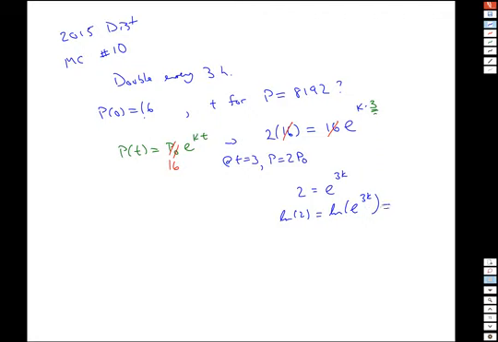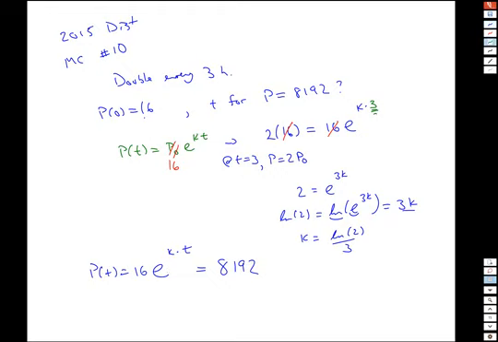The whole point of doing that is your exponential and your logs are inverses, so you get just the exponent down front. And so you get k equals ln of 2 over 3. And then you can go back to your function. So P of t is 16 e to the, I'm just going to call it k still, times t. And we want to know when that equals 8192.